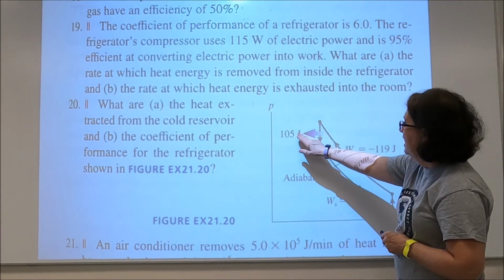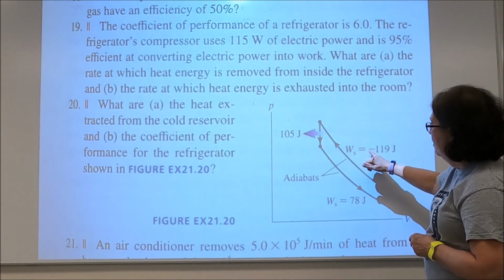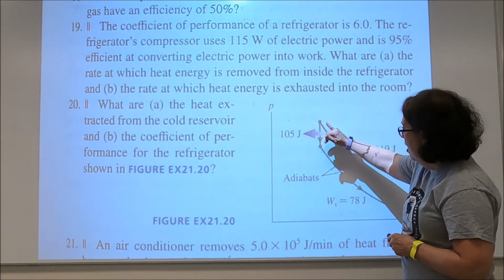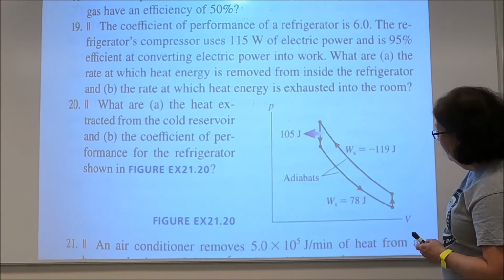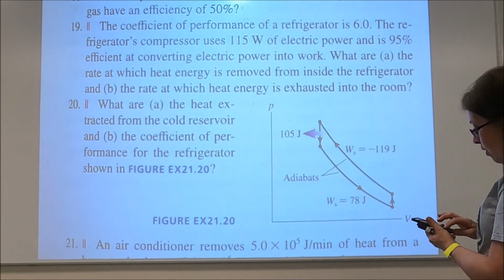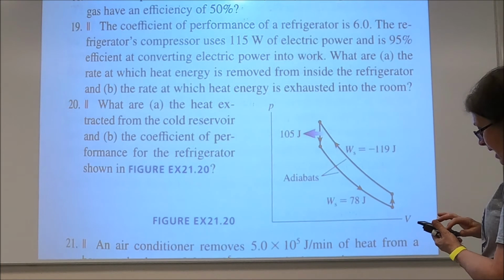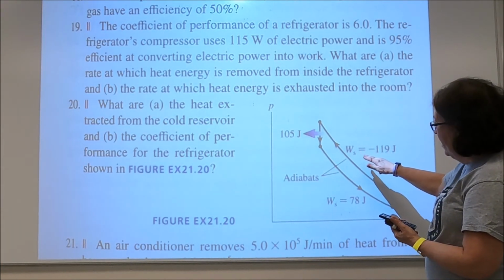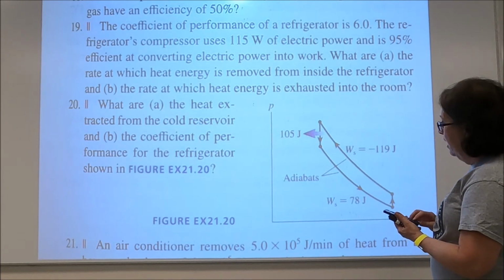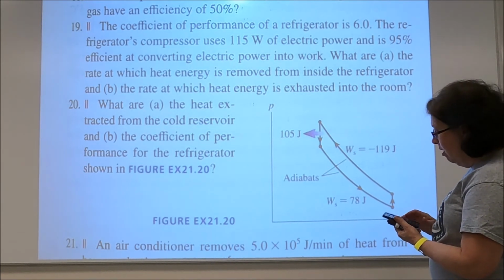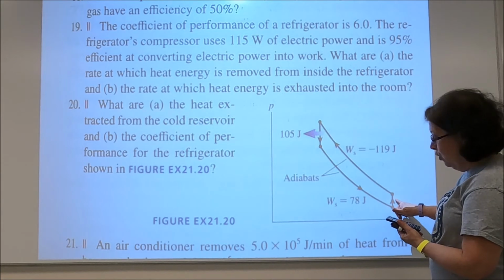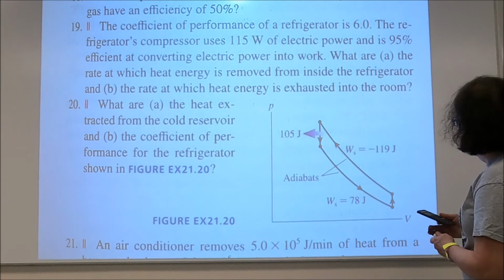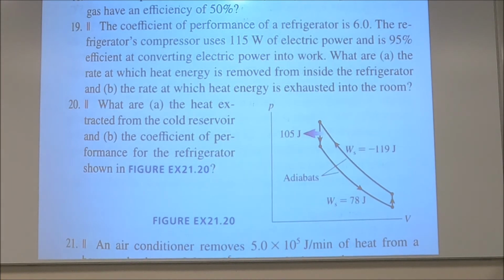And we've got heat out, we've got work being done on the system, work being done by. So 119 minus 78. There's 41 joules of work flowing in and 105 for the hot. So Q coming in from the cold reservoir is 146 joules. Okay?